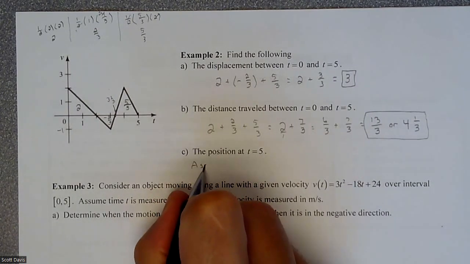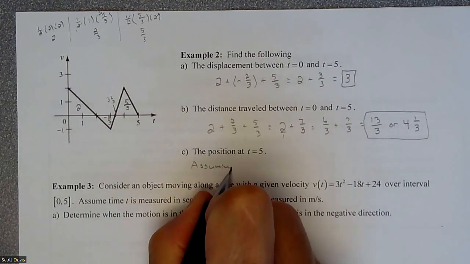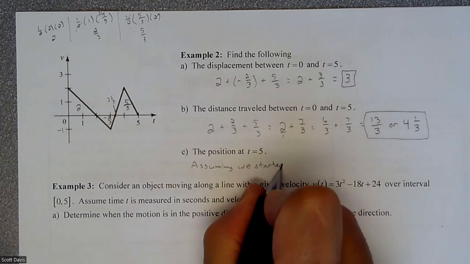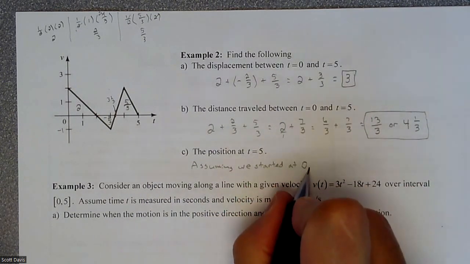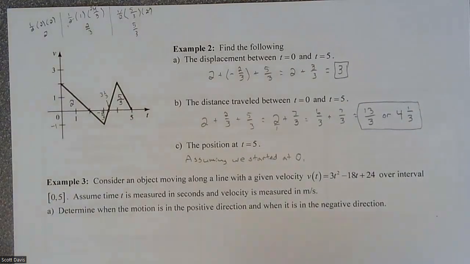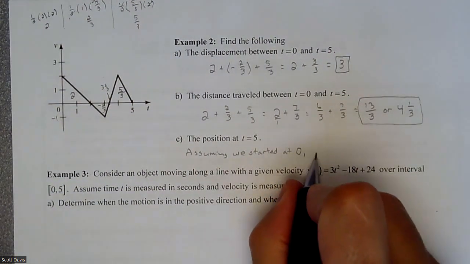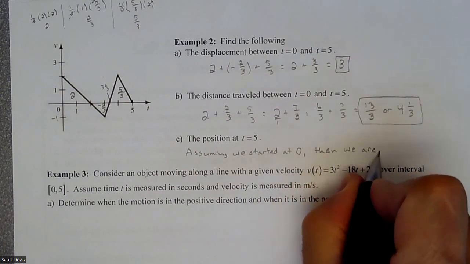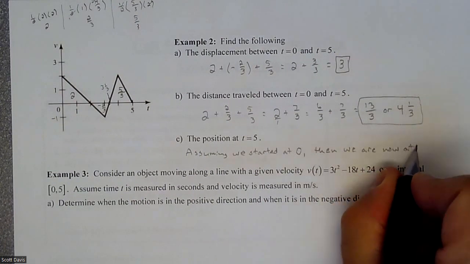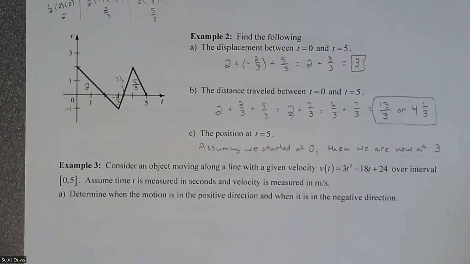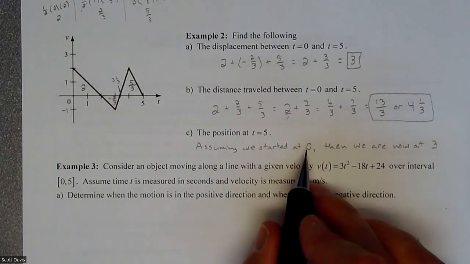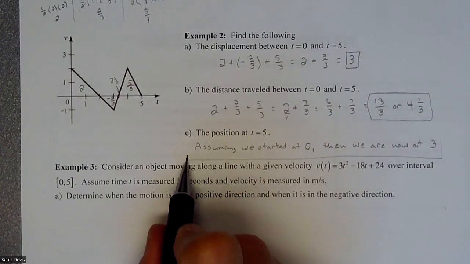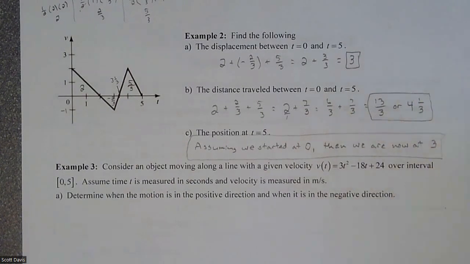So assuming we started at 0, whatever that original distance was, at the origin or whatever you want to call it, then we are now at 3. If we started at 5, then we're now at 8. If we started at -2, we're now at 1. It just depends on wherever you started. And since the problem doesn't give us any information about it, we'll just assume that we started at 0.